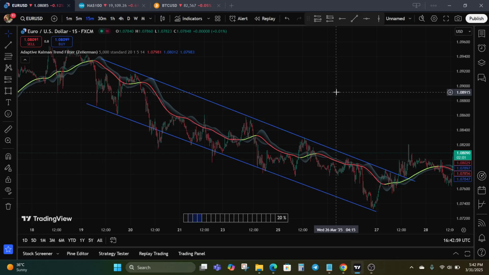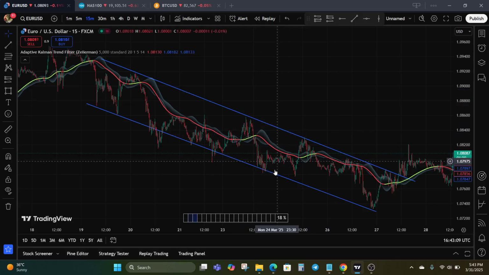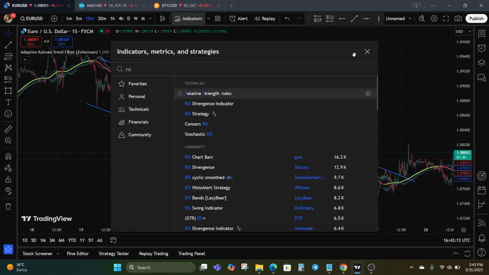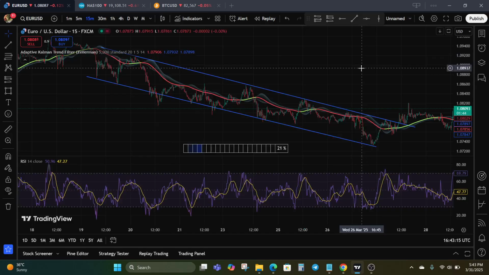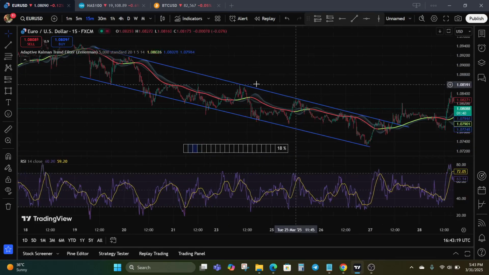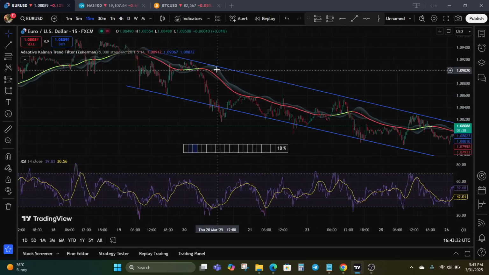To maximize the effectiveness of this indicator, here's how we can integrate it into a high probability strategy. One, you should combine the indicator with other indicators such as the RSI or the MACD in order to confirm momentum before entering a trade. For example, you have the indicator giving you a sell signal.